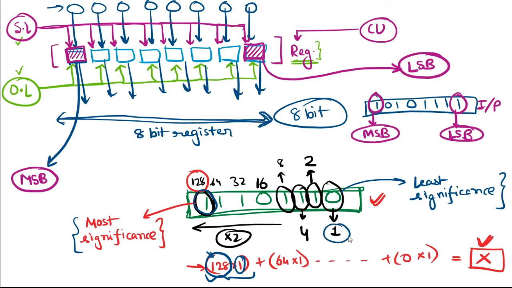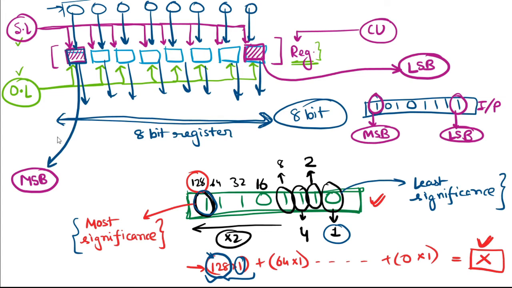It always has weightage 1. So whenever any input sequence comes, the most significant bit goes to the leftmost binary cell, and the least significant bit goes to the rightmost binary cell. This is how it gets the input, and this is how it provides the output.